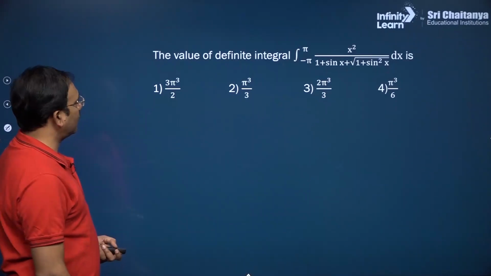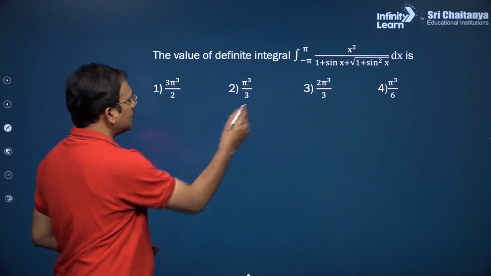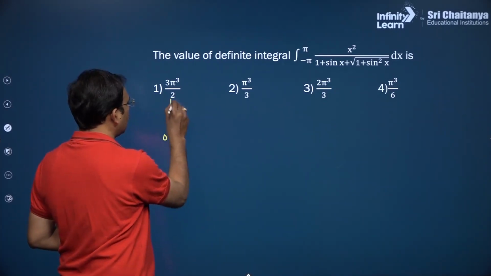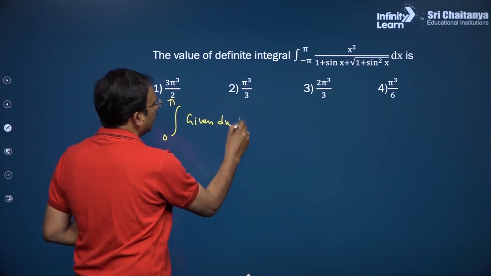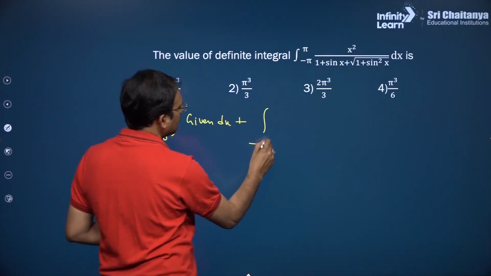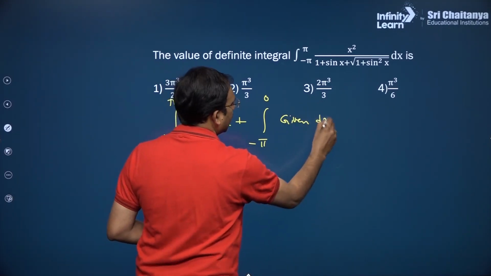Okay. Next, my dear friends, the definite integral given, integral minus pi to pi, this integral you can write like 0 to pi, this given expression dx plus integral minus pi to 0 given expression dx. Let me write.